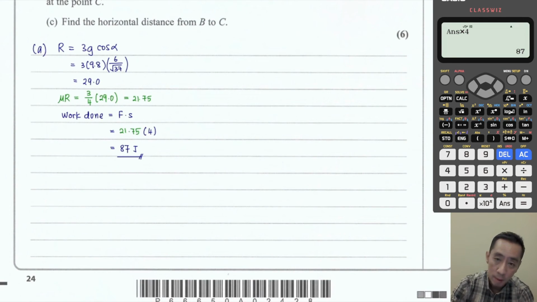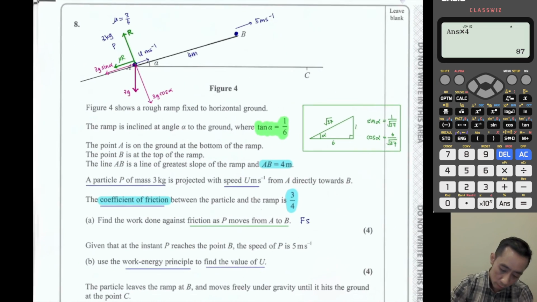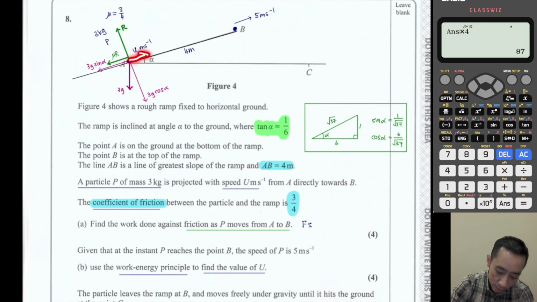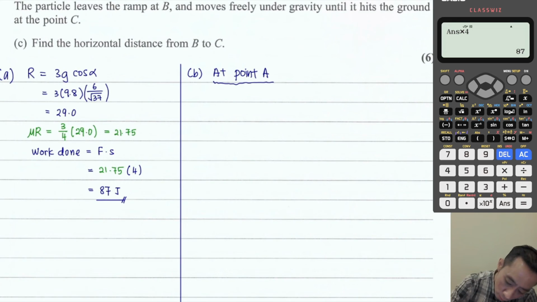So let's see at point A. What is the energy that we have here? At point A, we just consider the kinetic energy, which is 1 over 2 mv squared. So at point A, it is 1 over 2, m is 3, and the speed is u squared, which means this one is 1.5 u squared.